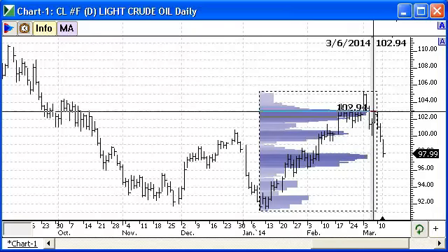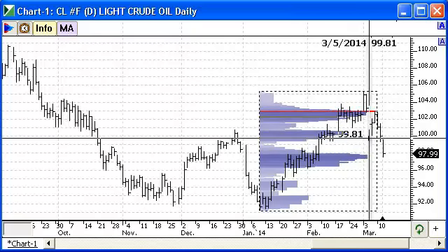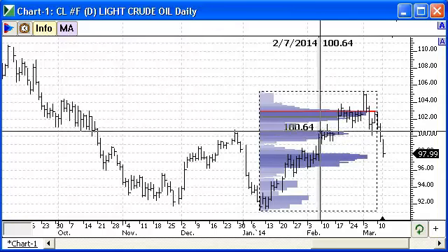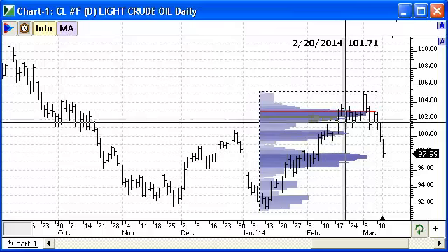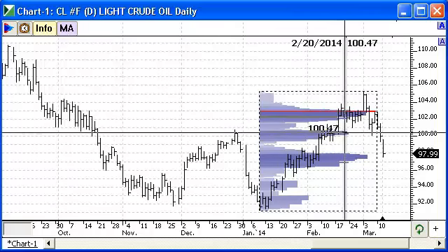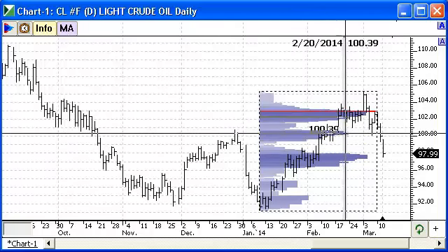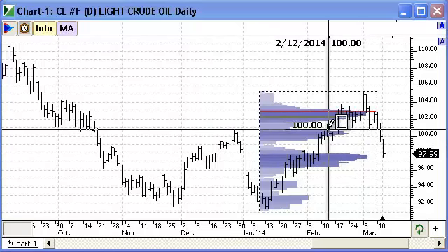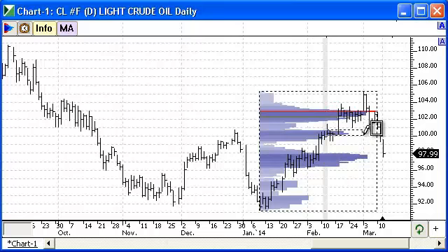You can see when the market pulls down out of this area, the very first place that it bounces is from this minor area. And when I say minor, it's just smaller than these other two areas. This minor area of high volume. You can see that price came directly into that little high volume area right there and bounced.